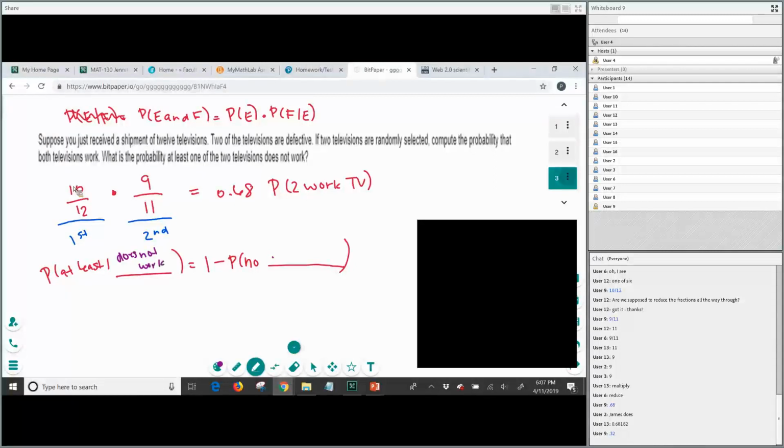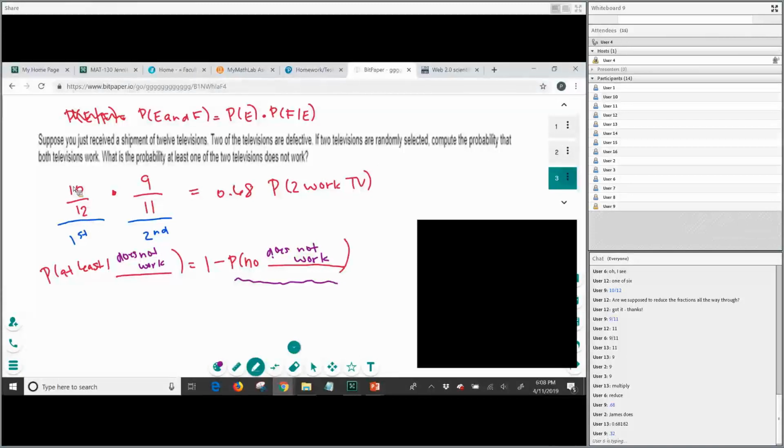That ring a bell for everyone, I hope? So if we want the probability that at least one television does not work, that should be 1 minus the probability that no television does not work, right?